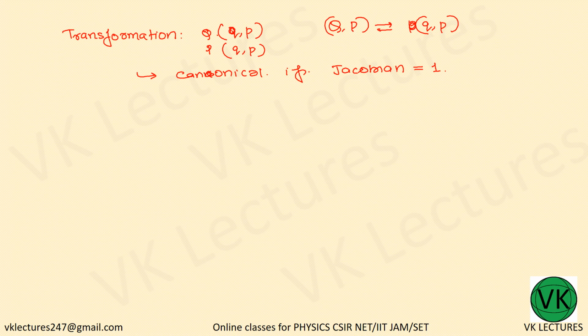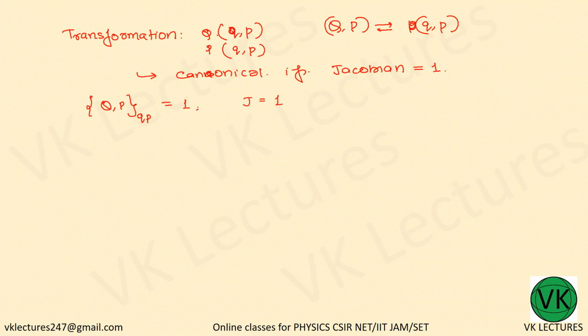Which means the Poisson bracket of Q comma P on q comma p is equal to 1, and the Jacobian is equal to 1.